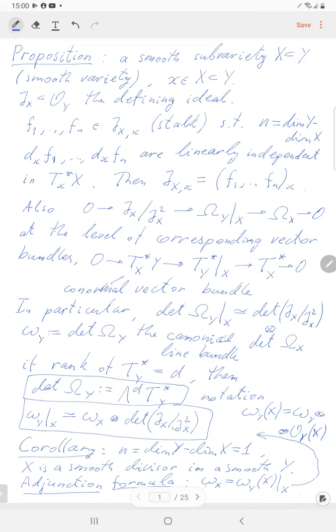So this is a very important calculation. For example, if you apply it, maybe let's go to the next page.